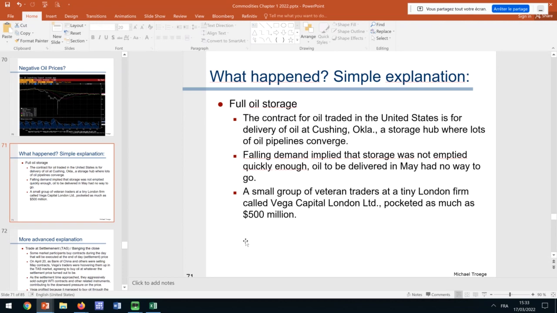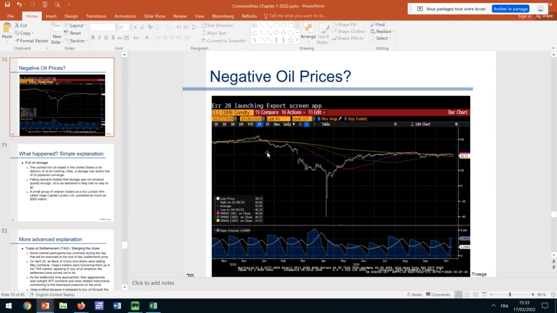Cushing again is one of these points where oil pipelines meet, in Oklahoma in the US. So if you buy an oil future and you don't offset it, then at some point you will have to take your oil and put it in a storage facility in Cushing, Oklahoma. Now the problem was that at the time oil was so cheap that most people didn't even want to sell the oil. You can see that before here the price was around 38.